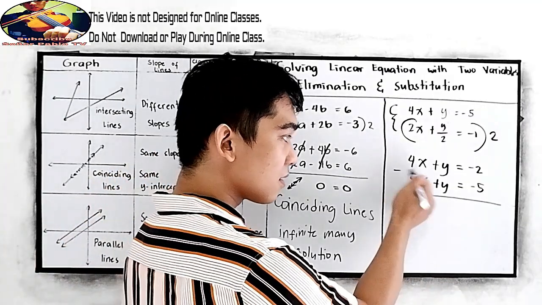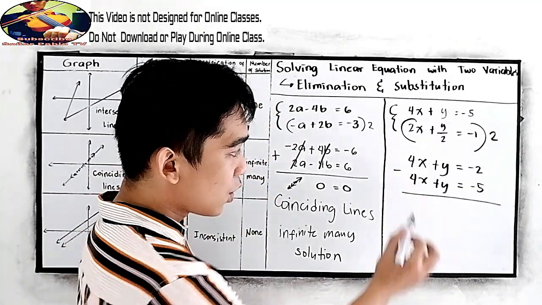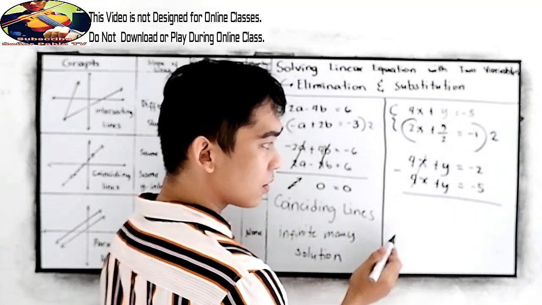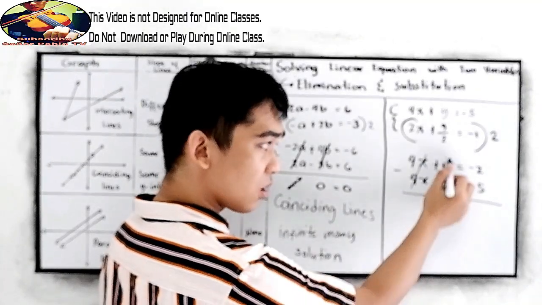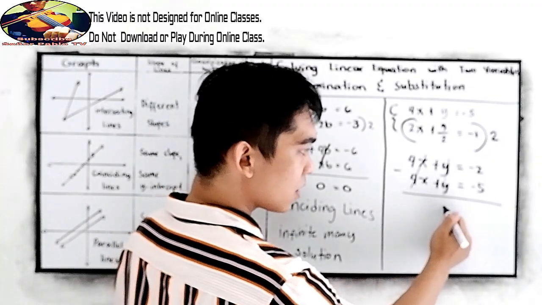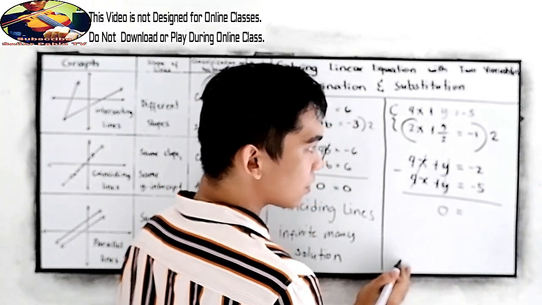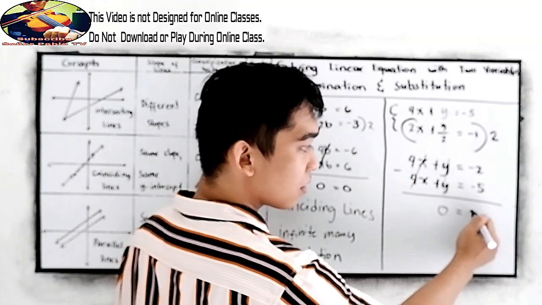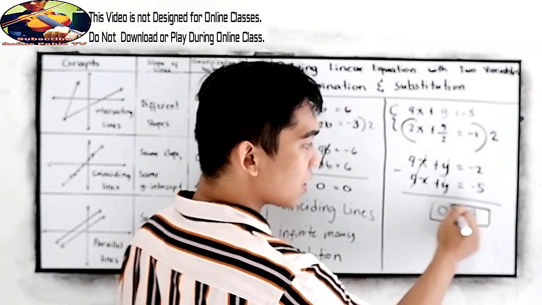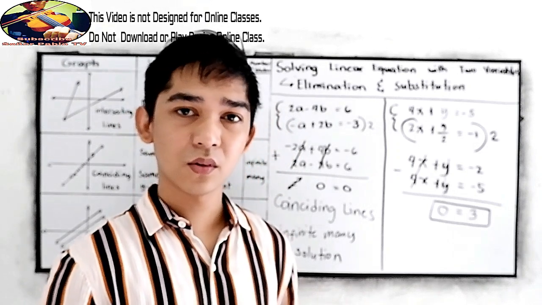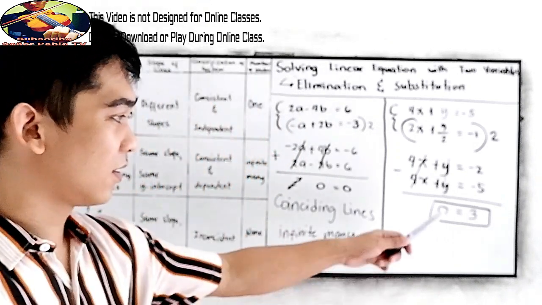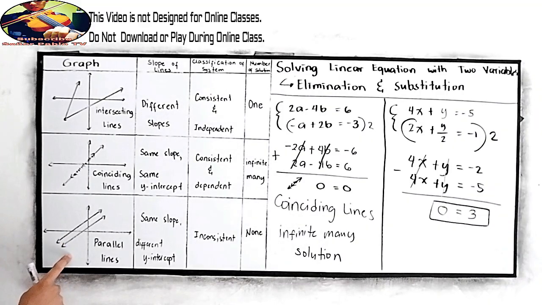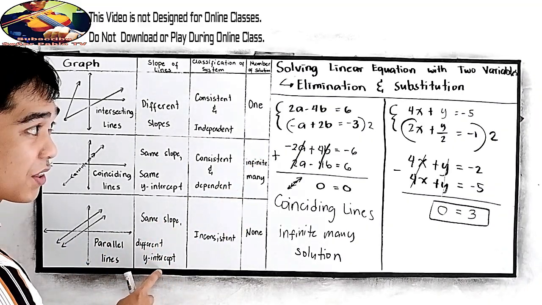And let us subtract. 4x minus 4x, that is 0. y minus y, that is also 0. So this will give us 0 is equal to negative 2 minus negative 5, positive 3. So 0 is equal to a number. If we're going to graph, this will give us parallel lines. Notice that they have the same slope but different y-intercepts.